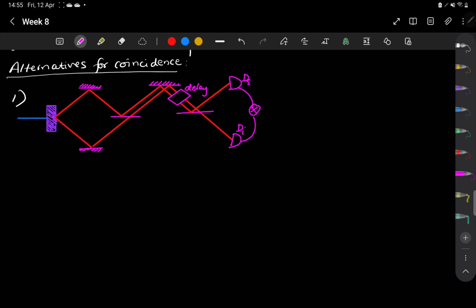Okay, so this is one alternative, and for the other alternative, let me copy paste this one and then make edits.